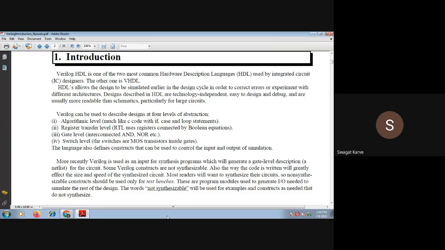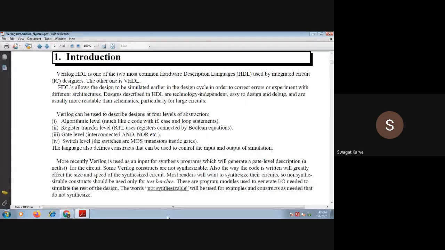So in VHDL we have up to this, but in case of Verilog we have one more level, that is the switch level. These three levels, algorithmic, register transfer and gate level, are there in VHDL. But with Verilog, we have one more level of abstraction, the switch level.